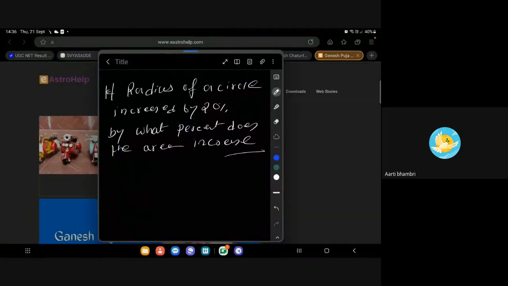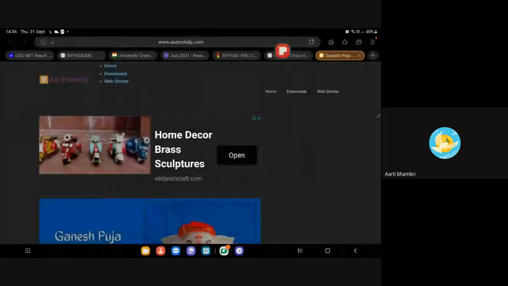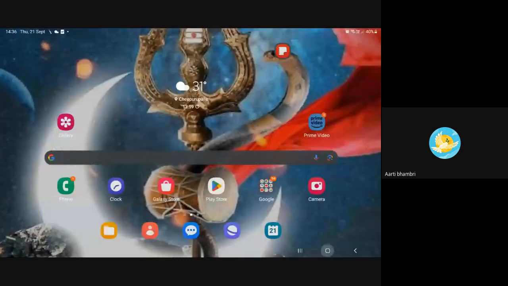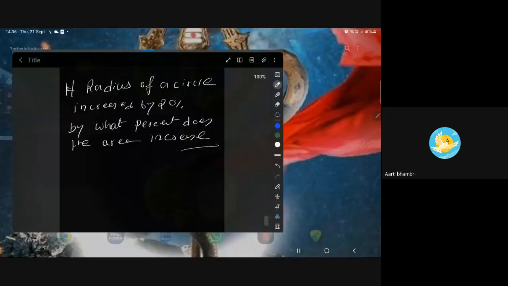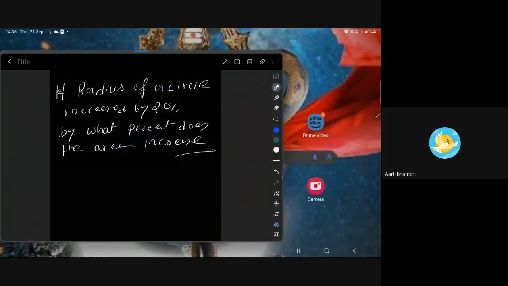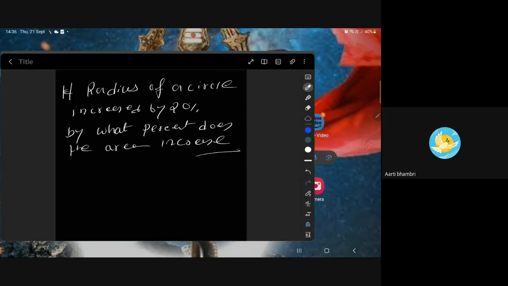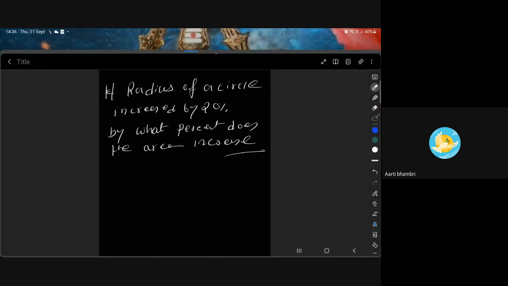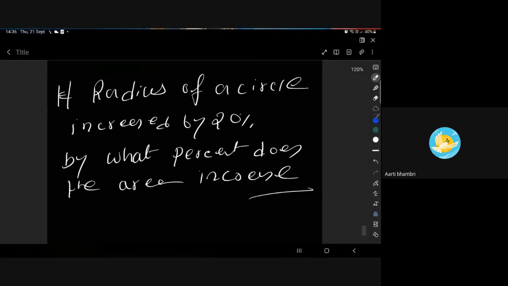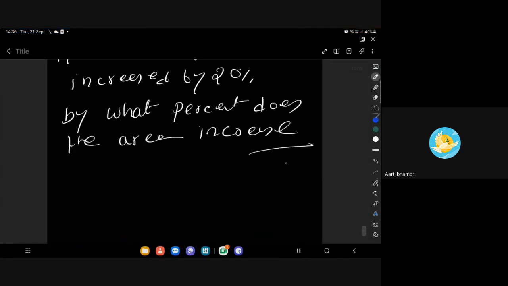Where R is the radius. If this is the circle, this is the radius.